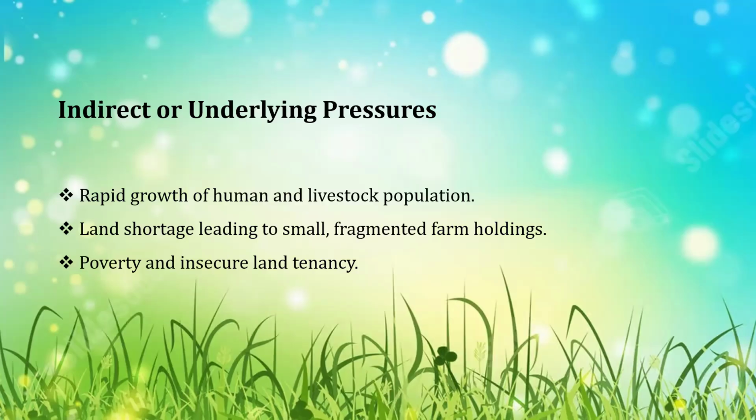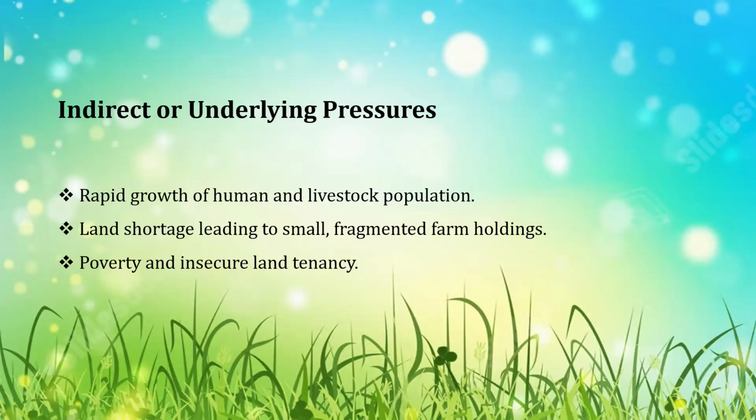And the first is the rapid growth of human and livestock population. As the number of people and animals in a specific area increases, the demand for natural resources grows exponentially. The main impact: more people require more land for housing, infrastructure, and food crops.